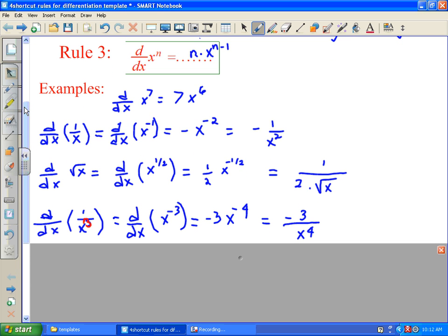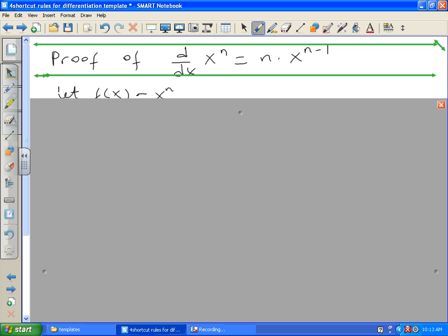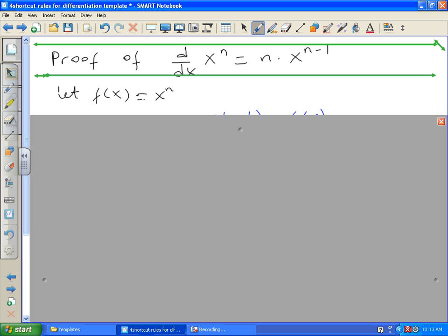And before we go to the next example, I want to quickly show you where this power rule comes from. Just know that every rule that we're learning today, if it's a rule about differentiation, it comes from that basic definition, limit as h goes to 0. So if your function was x to the n, how would you apply that definition of a derivative to that function x to the n?